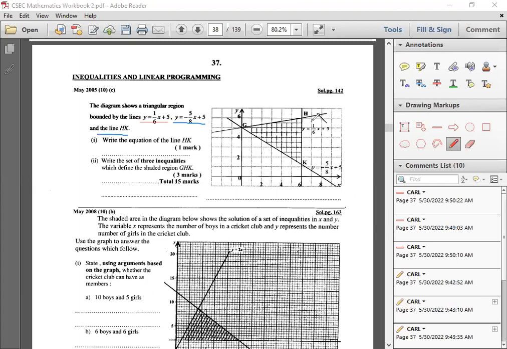The third line is HK, which is this line here, right?